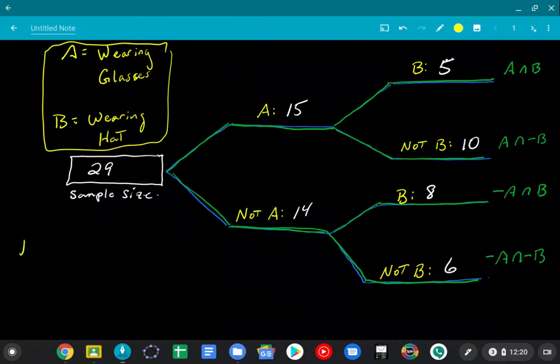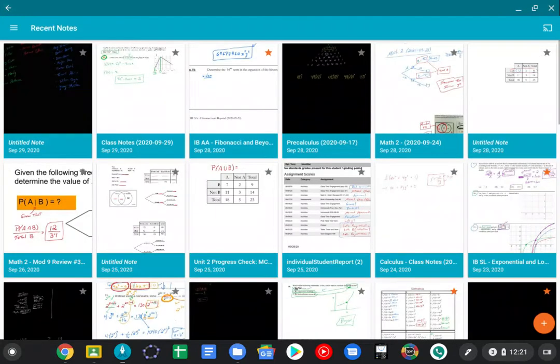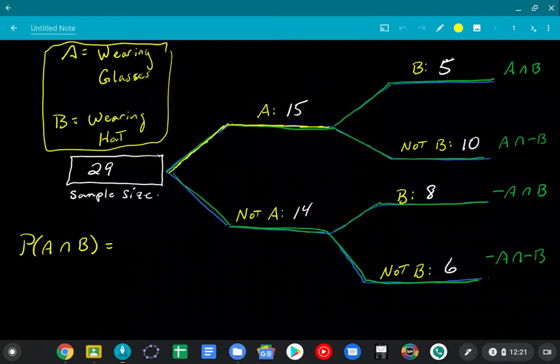Let's try the probability of A and B. All right. Well, the probability of A and B, as we saw just earlier, if I follow this trail, these are the people who are wearing glasses, right? All these people wearing glasses. And then I split them up and say, among the people wearing glasses, how many of you guys are wearing a hat?